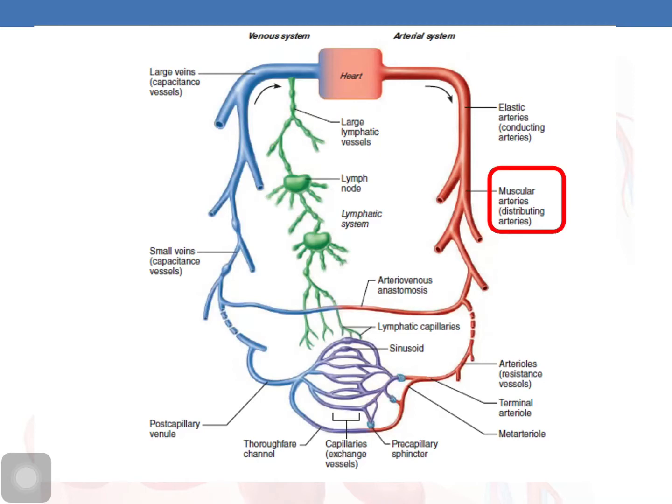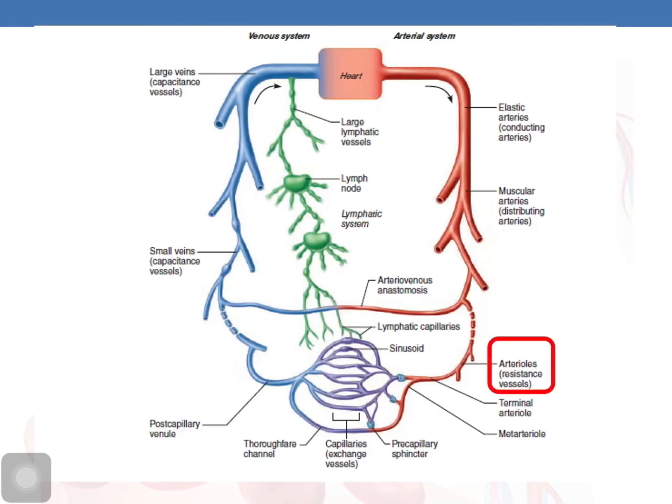Their tunica media contains relatively more smooth muscle and less elastic tissue than elastic arteries have. For this reason, they are the ones active during vasoconstriction and are less distensible, meaning they have less capability of stretching. In muscular arteries, however, there is an elastic membrane on each face of the tunica media.